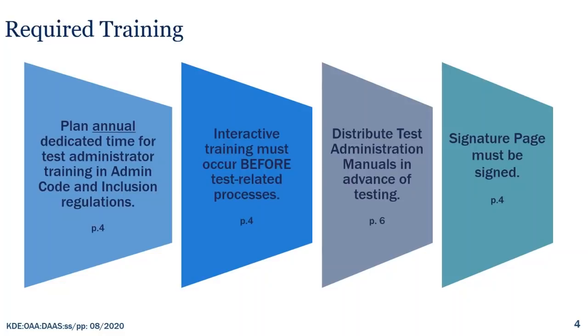Any person with the potential to be involved with any component of state-required testing must be trained on the Administration Code regulation prior to beginning the work. This could include, but is not limited to, principals, off-grade teachers, substitutes, accommodations providers, librarians, etc.